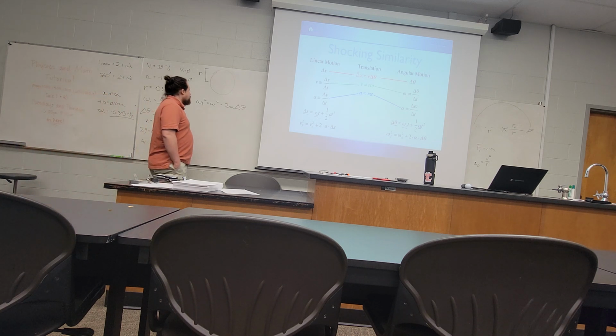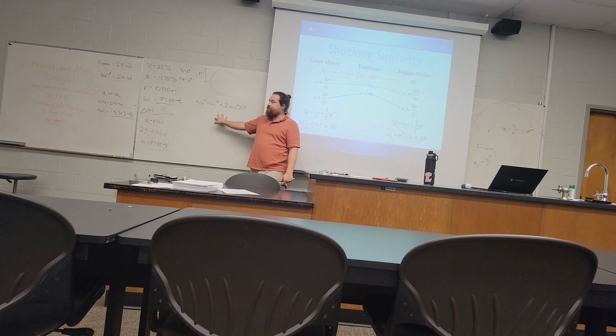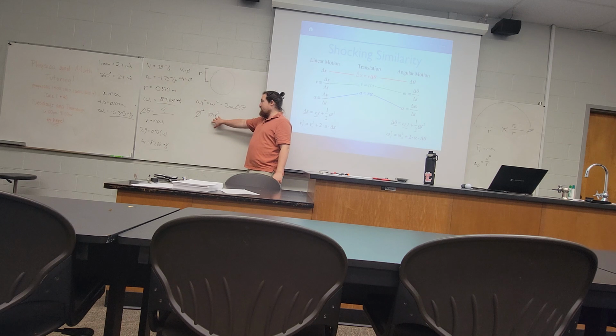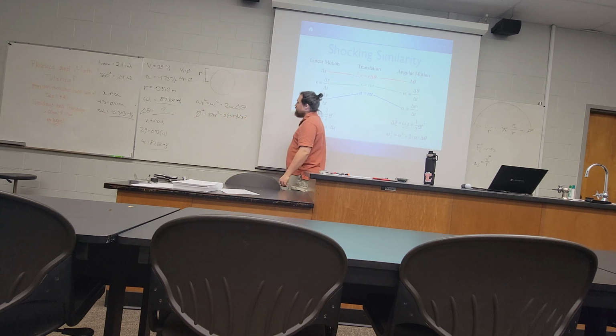And with that alpha found, we can now use this formula correctly. Omega final is 0. Thankfully, 0 squared is still 0. Omega initial is 87.88, and that needs to be squared. Make sure that you are only squaring the 87.88. Plus 2 times negative 5.303, and solve for delta theta.